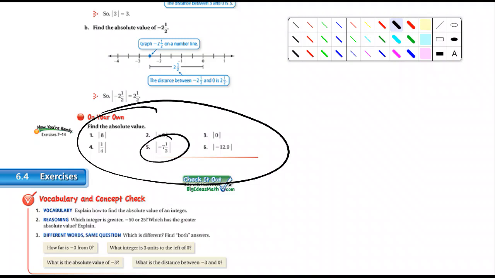What's the absolute value of negative 7 and 1/3? 7 and 1/3. That's what I was looking for. I think you just said 7 at first. Okay, nicely done, 50 points. And then Mr. Laboutier, what's the absolute value of negative 12.9? 12.9, 50 points. Okay, hopefully everybody understands that.